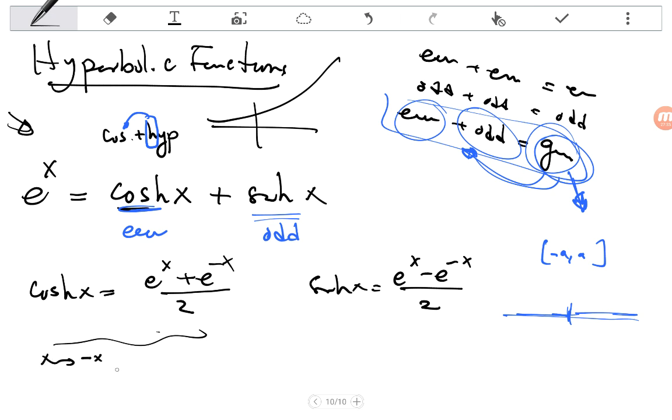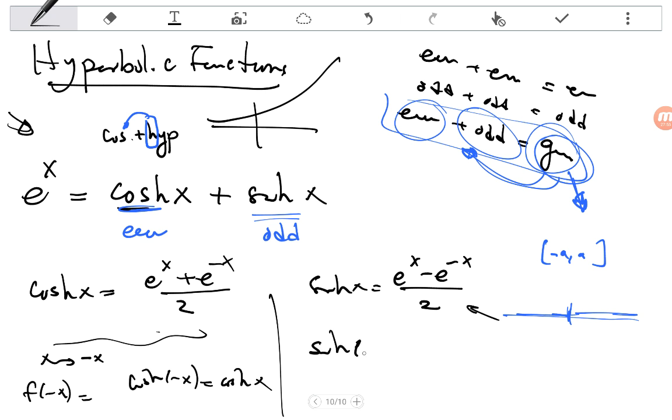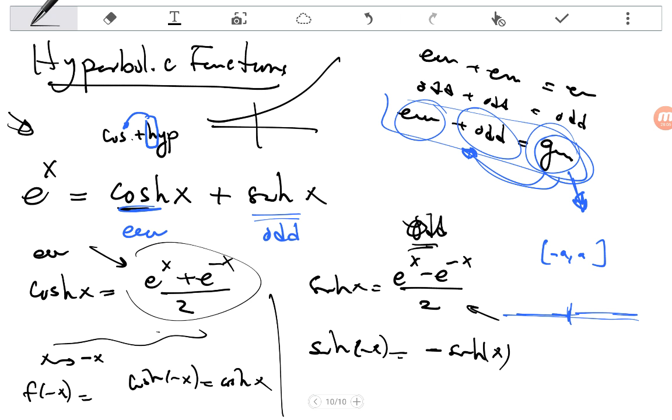If you take every x and put minus x, the first is even, so cosh of negative x is exactly cosh x. For the second, you will find that it is an odd function, so sinh of negative x is exactly negative sinh of x. So this expression is even and this expression is odd.